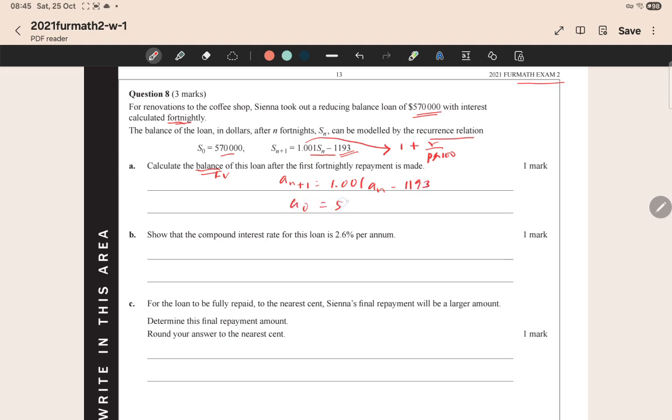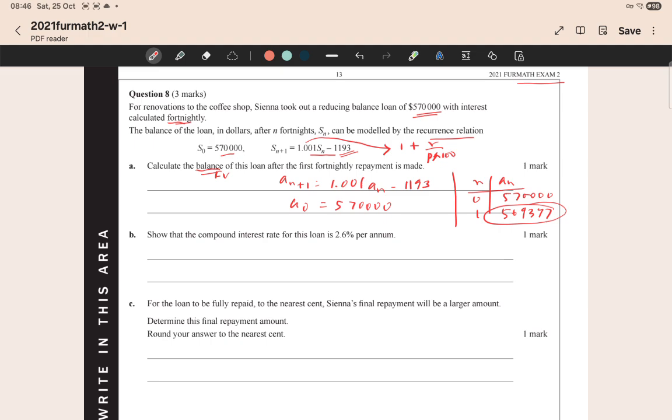The starting value is, of course, 570,000. When we come up with the table of n and a(n), it will give you 570,000. I'm not going through the steps to get this value. It is 569,377, and this is the value after the first fortnightly repayment.